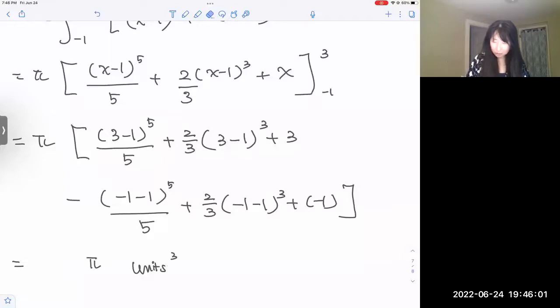Okay, so the book has 412 pi over 15. Is it true? Not really. Let me see. 412 times pi divided by 15.